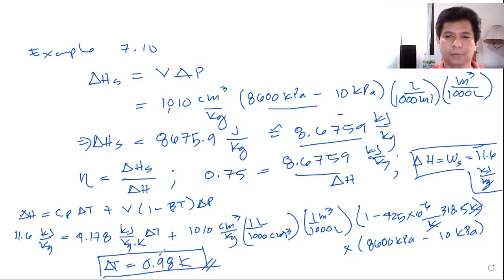Okay? So I'm going to clear this whiteboard to solve for delta S. It's easy, just formulas. We're still solving example 7.10. Let's try to solve the delta S in a pump.